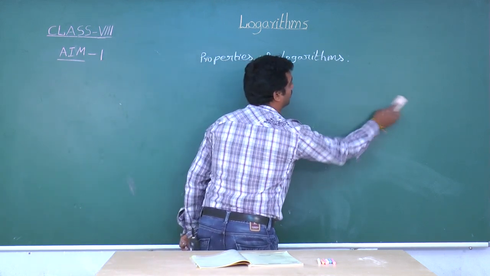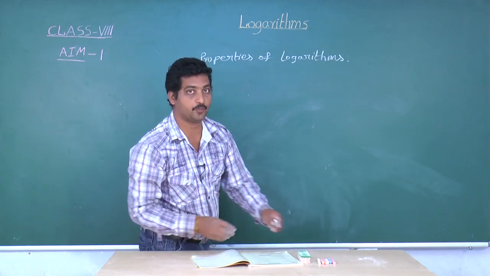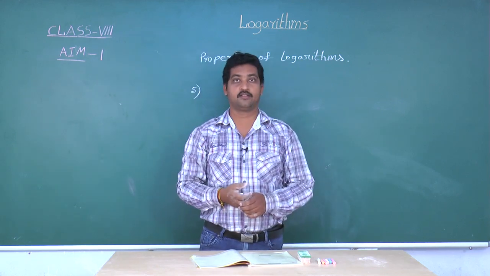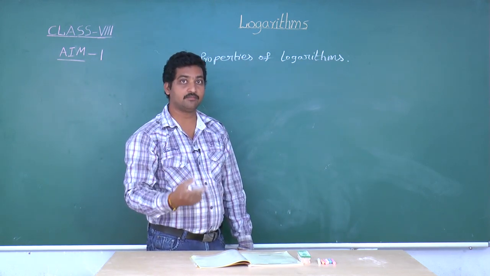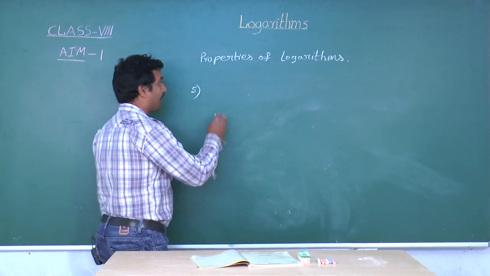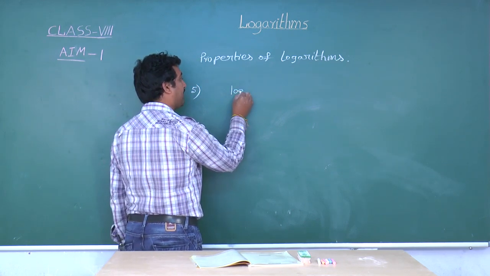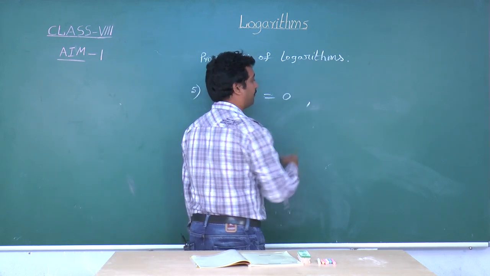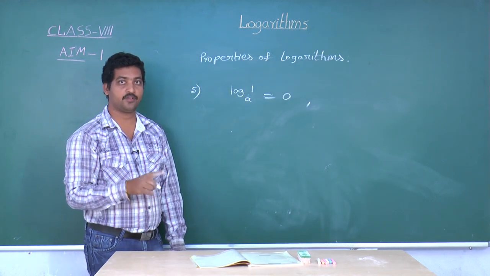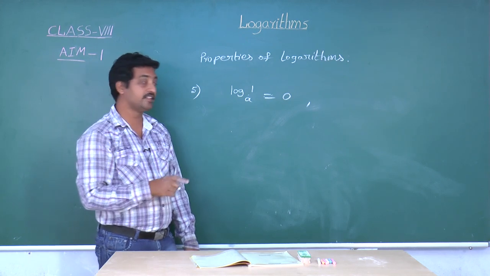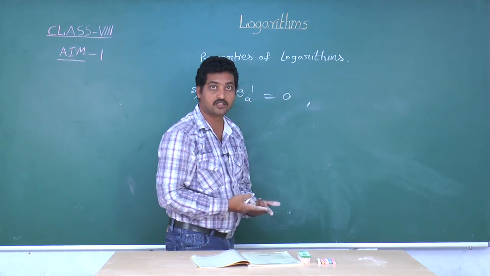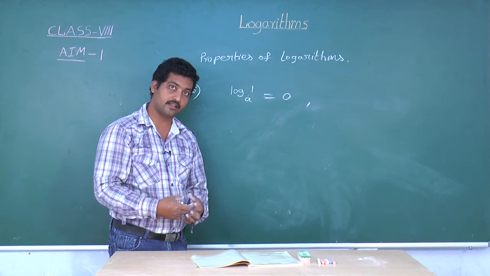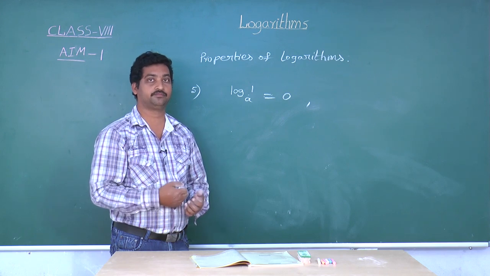Now come to the fifth property. Logarithm of unity with any base is equal to 0. Logarithm of unity with any base. With any base means we are not supposed to give just any value. For the values of a for which the logarithm is defined, only those values we are supposed to give.